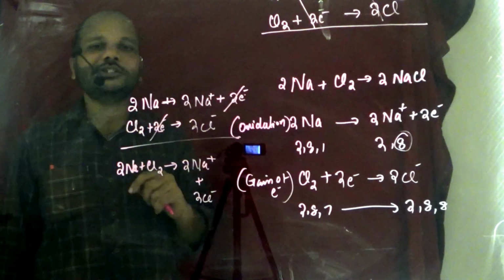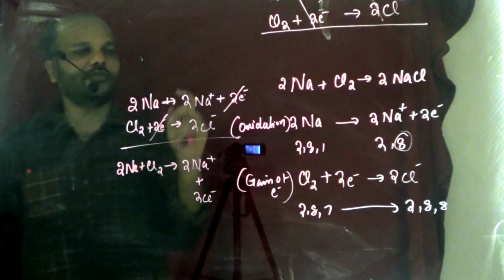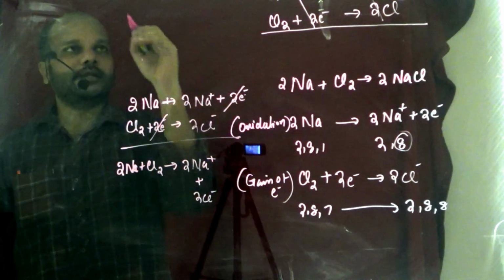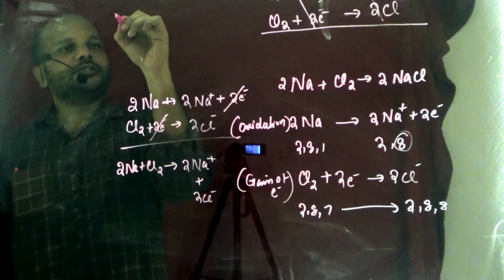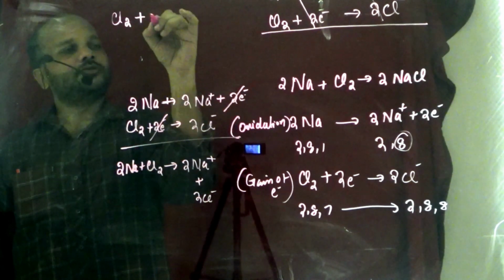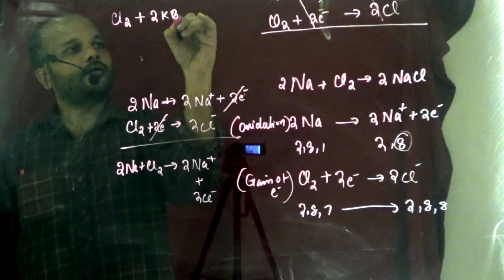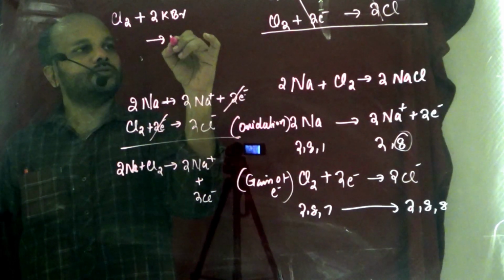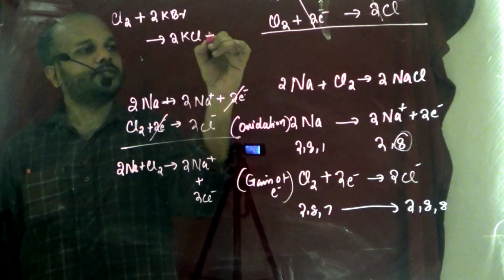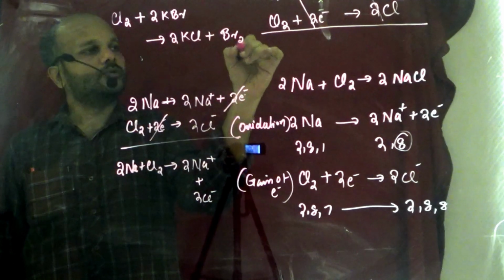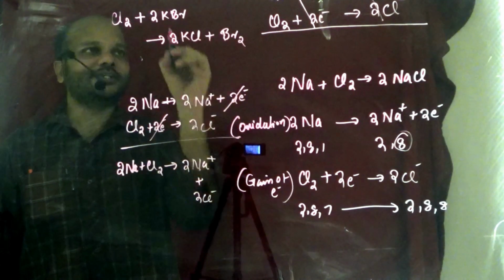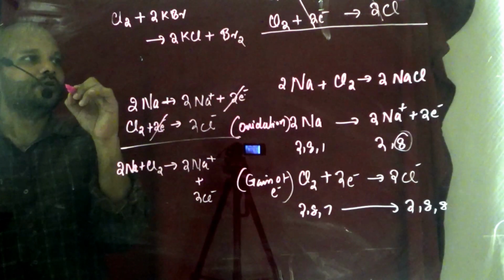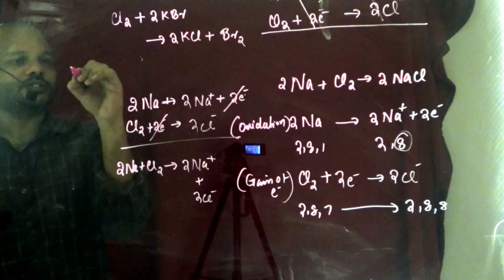Now let us look at the next reaction: Cl2 plus 2KBr gives 2KCl plus Br2. Do you know one thing? Suppose you are at the start of the reaction.